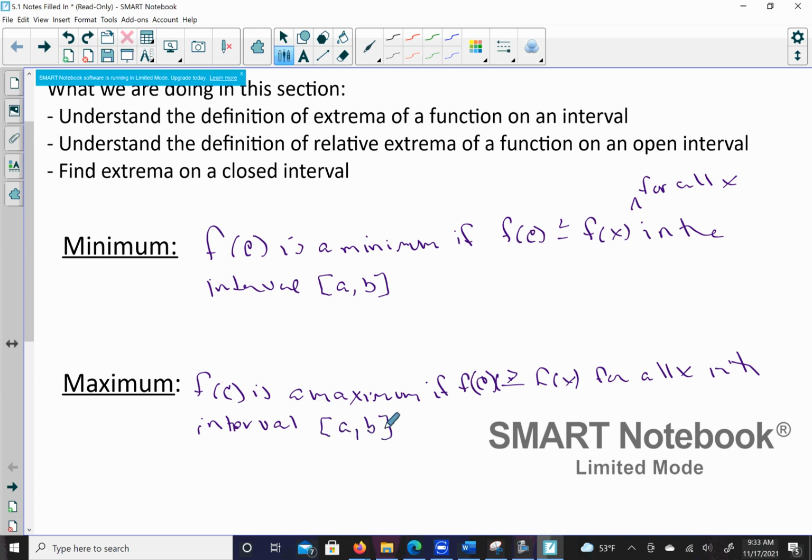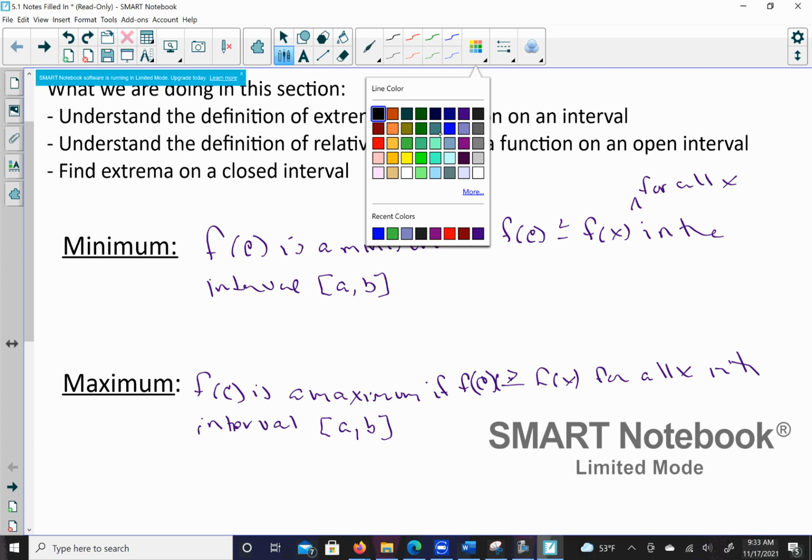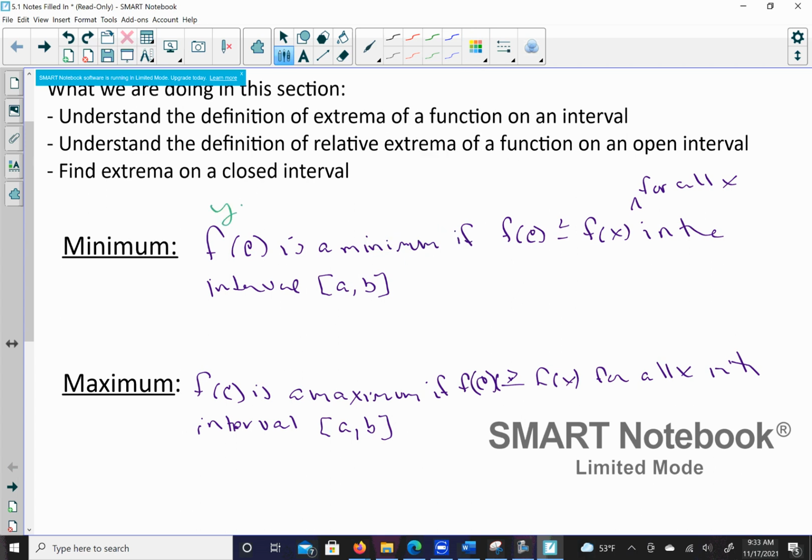So I hope that makes sense. If you're the minimum, you're the lowest value, and remember f of c would be your y value. So when you're looking at the graph, it's the lowest point. For the maximum, it's the highest point.